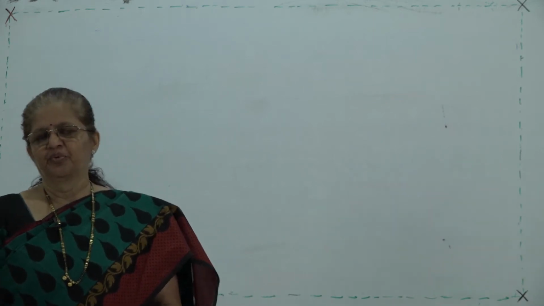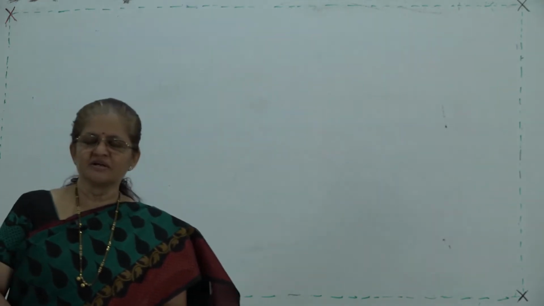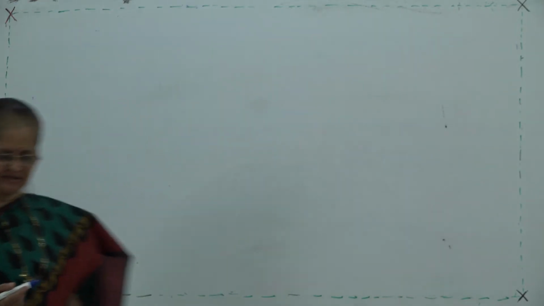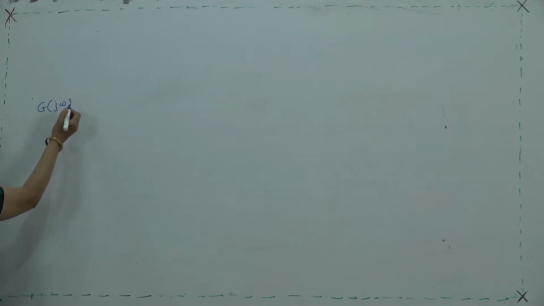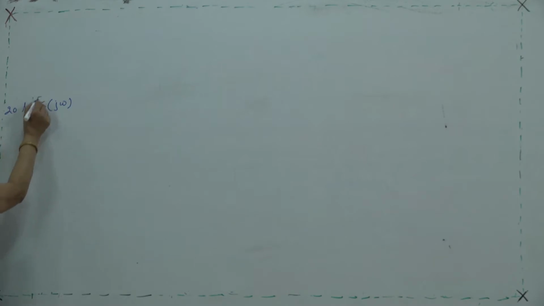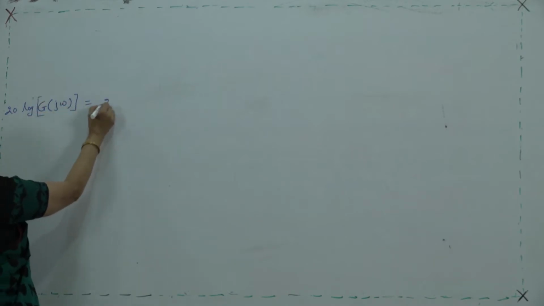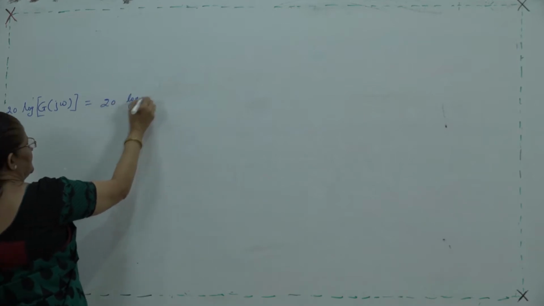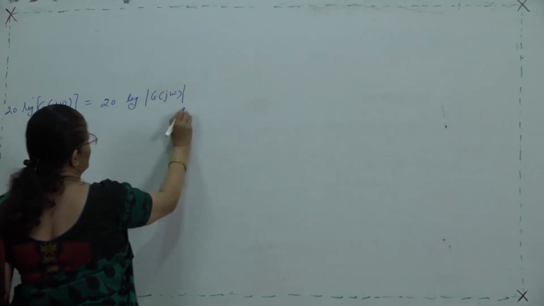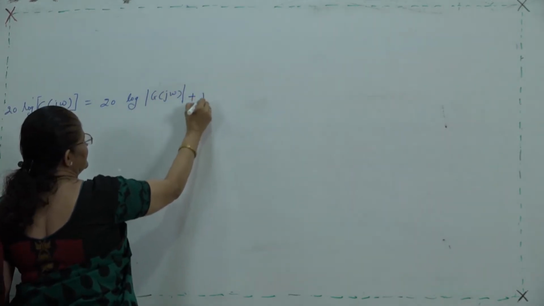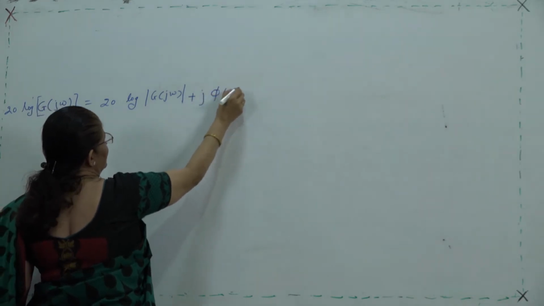In the previous lecture we have seen the Bode plot for a particular transfer function. Suppose the transfer function is given as G(j omega), then what we have to do is take 20 log of G(j omega), which is equal to 20 log of the absolute value of G(j omega) plus j phi(omega).